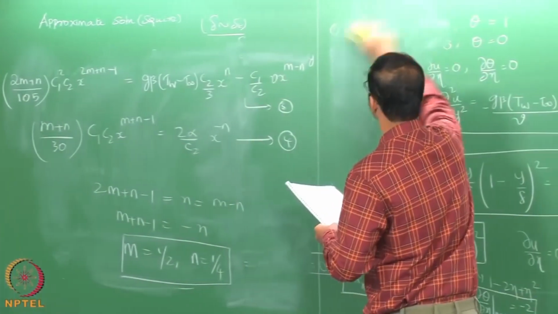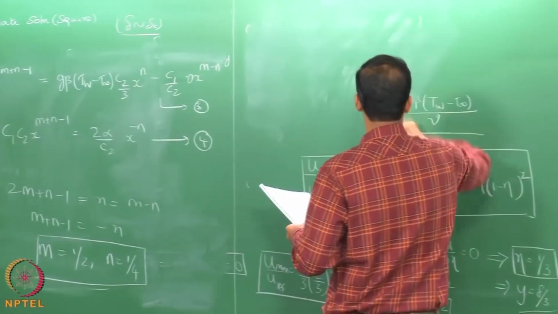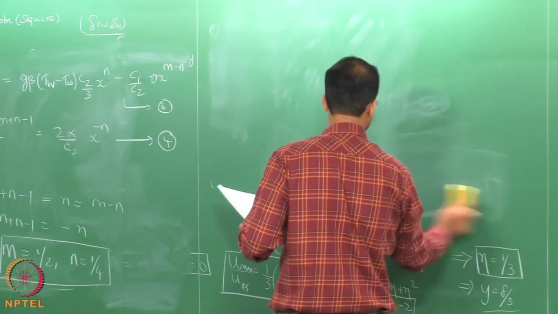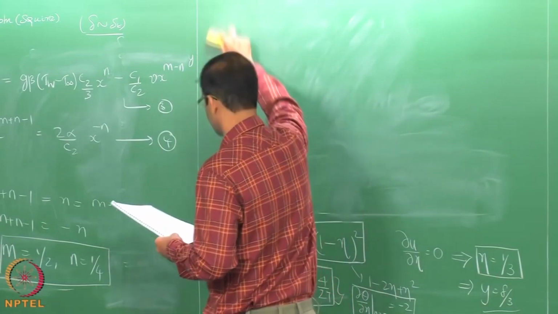so can you please quickly calculate, if you substitute m equal to 1 by 2, n equal to 1 by 4, how does equation 3 reduce to?